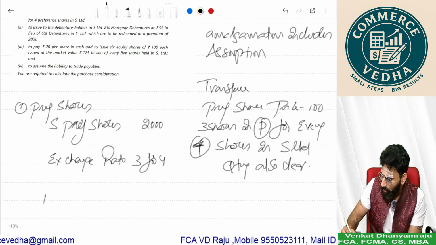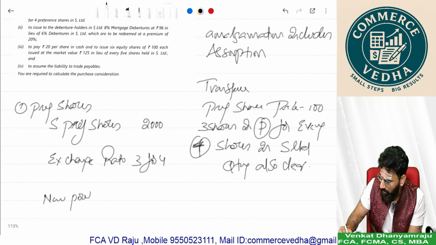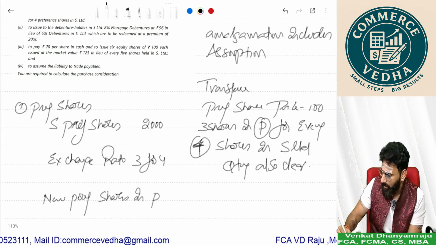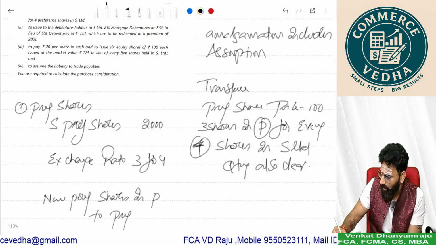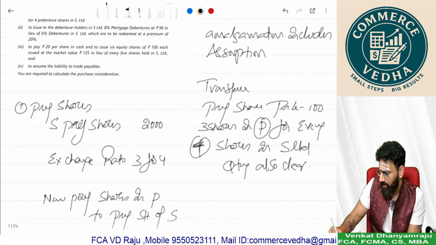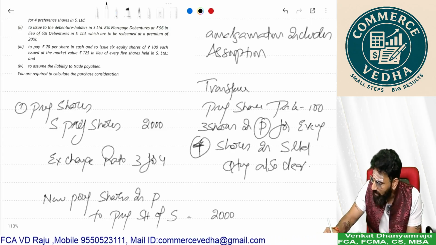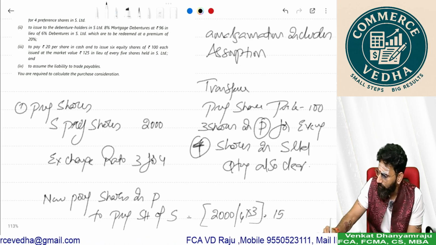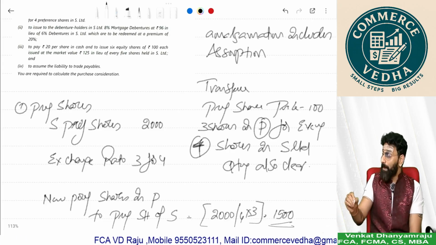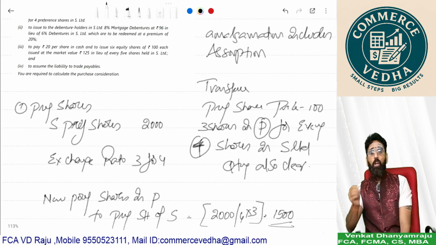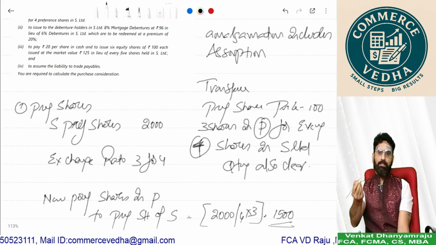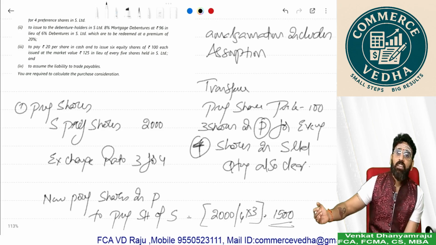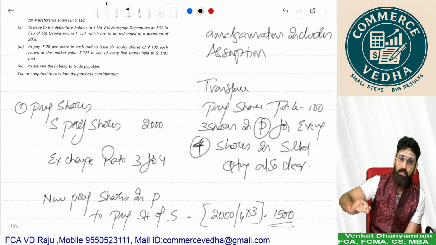So the new preference shares in P for the preference shareholders of S is 2000 by 4 into 3, which is 1500. So P Limited agreed to give the preference shareholders of S Limited 1500 preference shares in P in exchange for 2000 preference shares in S.